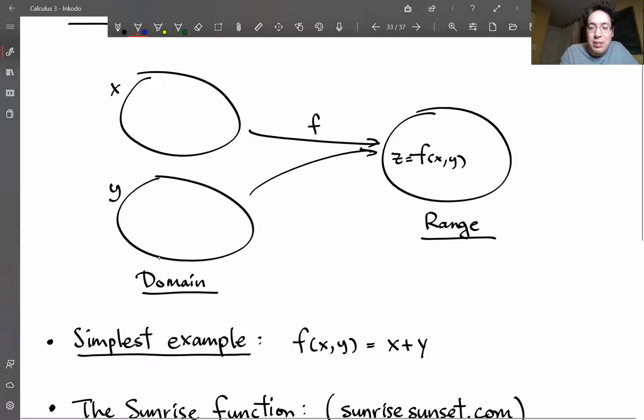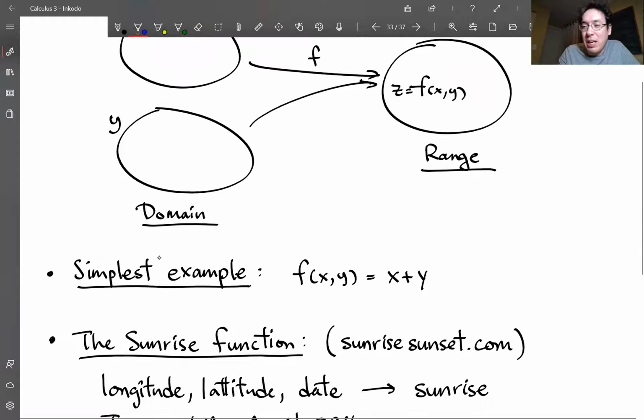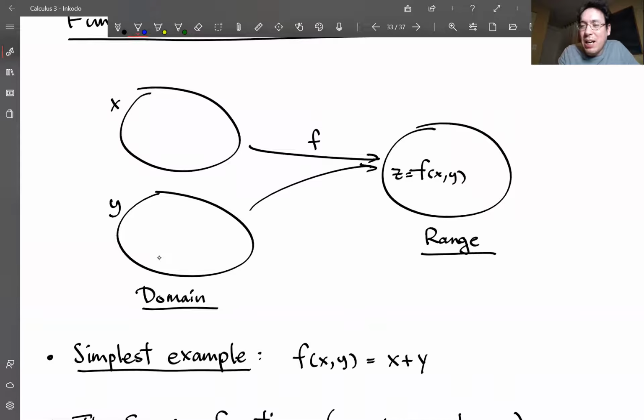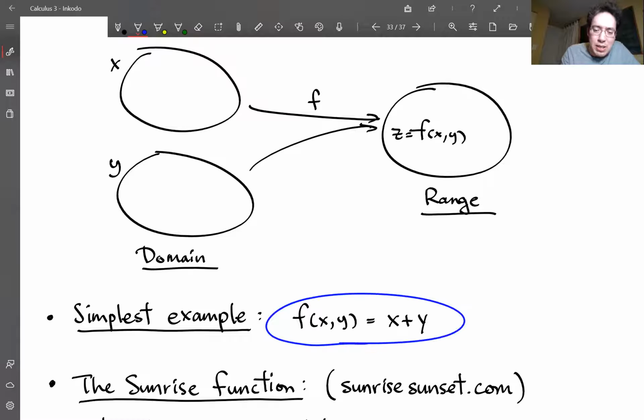Okay, so let's look at some examples so we can get a handle on what kind of functions we're really talking about. The simplest example I can think of with multiple inputs is the addition function. You can plug in two different numbers and then you add them, and the output is the sum of the two numbers you input.